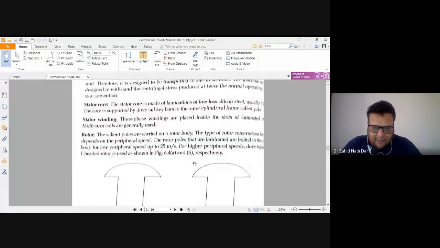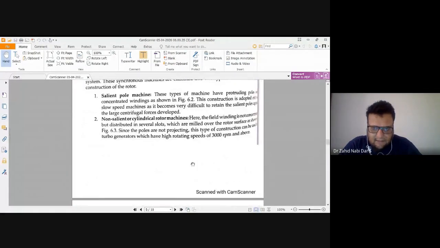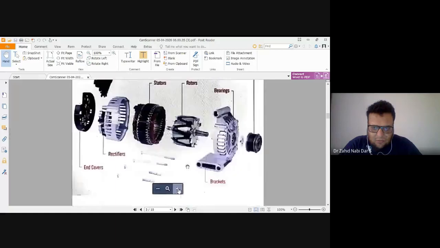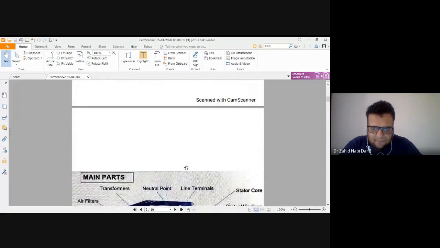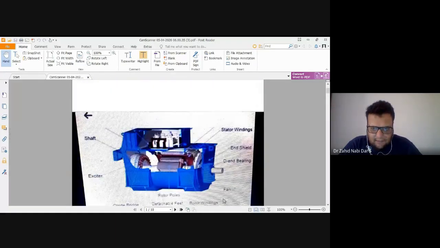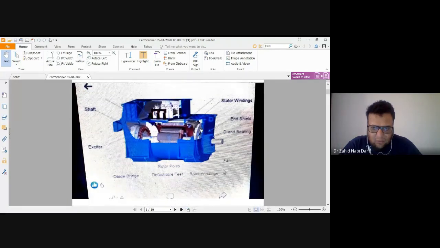Tell me, Thara, Unnati, Vinuta. The rotor is excited by the brushless DC exciter in the beginning.